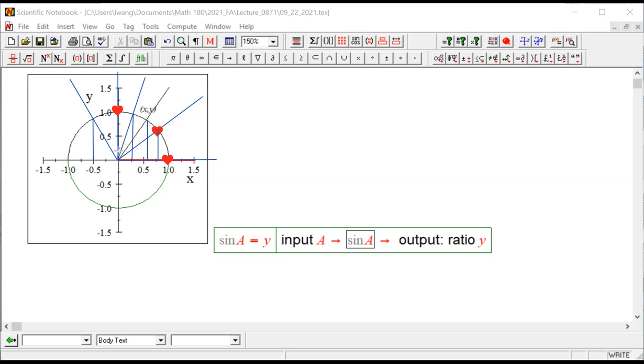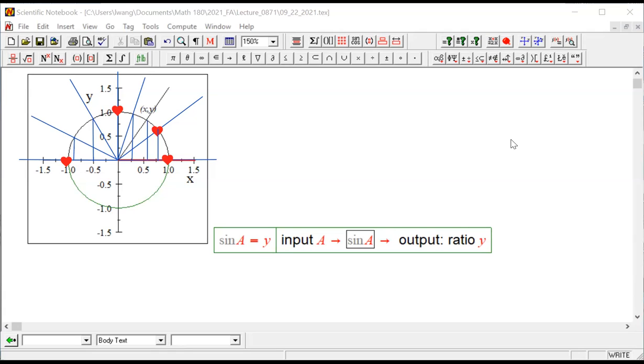As we measure different angles, the next one, the output is y. And when I draw this terminal, what will be the y for that point? 0, right?